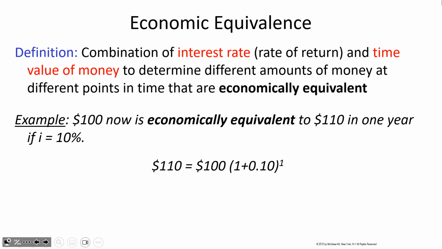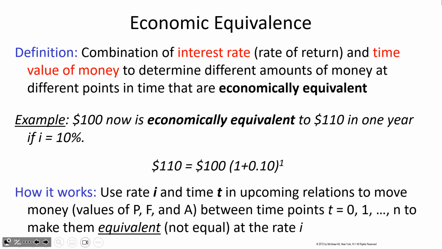And so you can use this formula to solve for F, the future amount, or if you know the future amount, you could use this formula to solve for P, meaning the present value, and determine the economic equivalence. You could also actually use it if you knew the future value and the present value and you knew the interest rate. You could solve for n. Like any one of these four variables could be the unknown potentially.